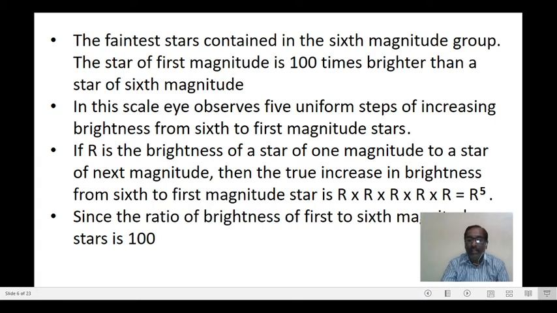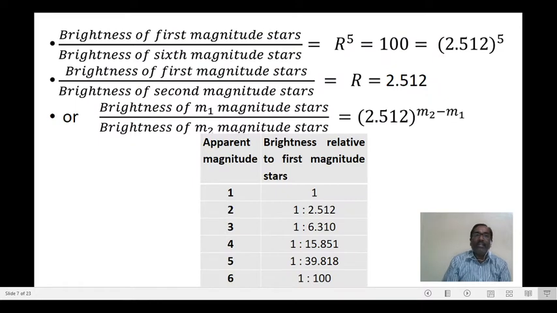So equating the two, brightness of first magnitude stars to brightness of sixth magnitude stars is equal to R to the power of 5, and that is equal to 100. So R to the power of 5 equals 100, or R equals fifth root of 100. The fifth root of 100 is 2.512.